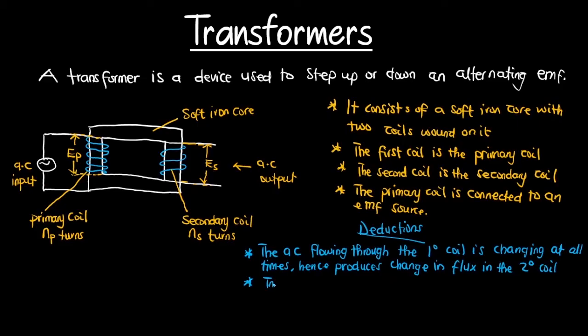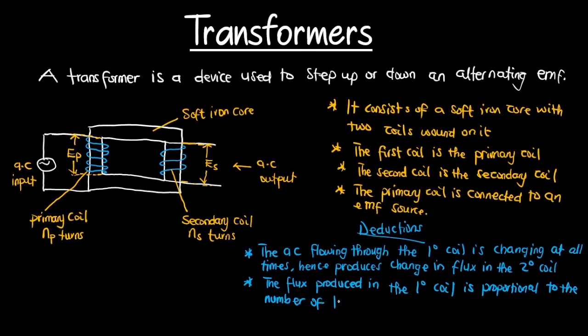So we are saying the flux produced in the primary coil is proportional to the number of turns, the number of turns for primary is NP, and the current IP, which means the current in the primary coil.